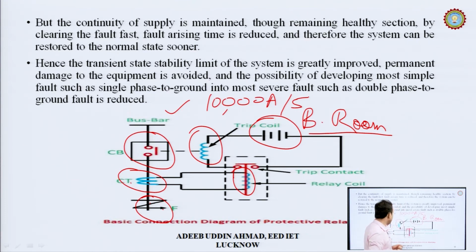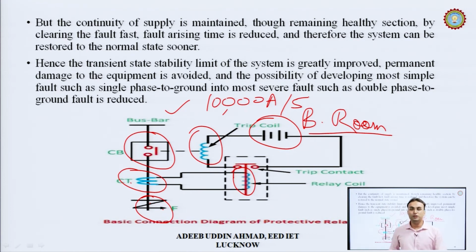So, the CT will give 5 ampere secondary current, and this secondary current will flow through this electromechanical coil, and this coil is designed so that when 5 ampere current flows through it, it will operate. When less than 5 ampere current flows, this coil will not operate. Because this coil understands that 5 ampere current flowing is a faulty condition, this coil will energize, and after the energization of this coil, this section is closed.